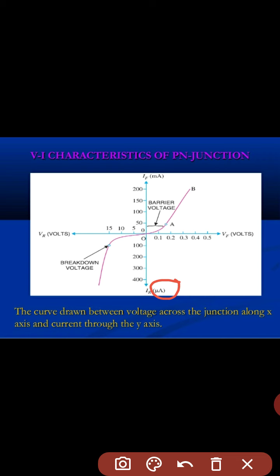This small amount of current is constant. Even though we are increasing the voltage, the current is not increasing, so it remains constant, and therefore it is called the reverse saturation current. After a particular value of reverse voltage, the current increases suddenly, which is shown by this breakdown voltage, and here the current increases suddenly due to the breakdown of the diode.